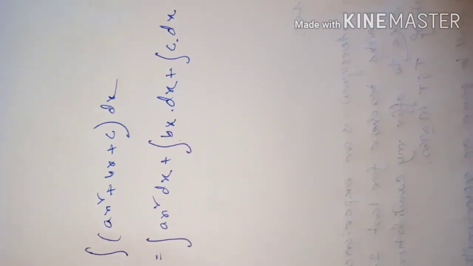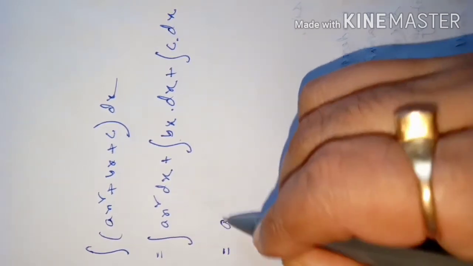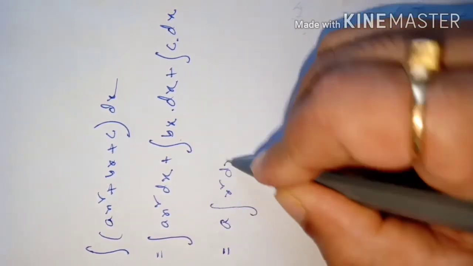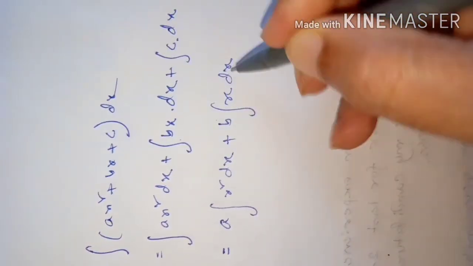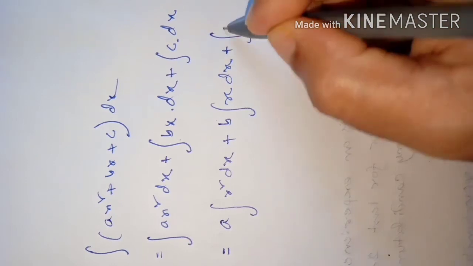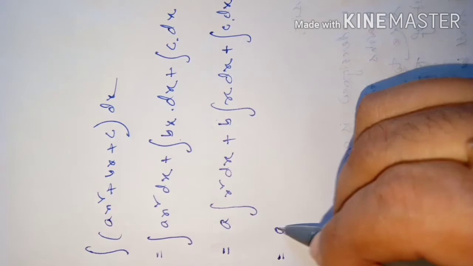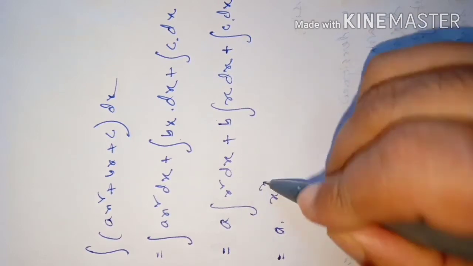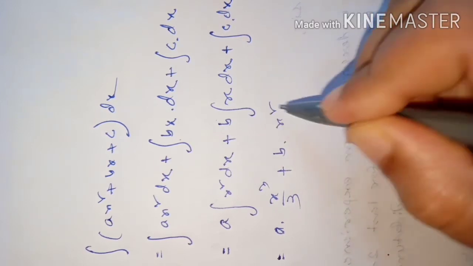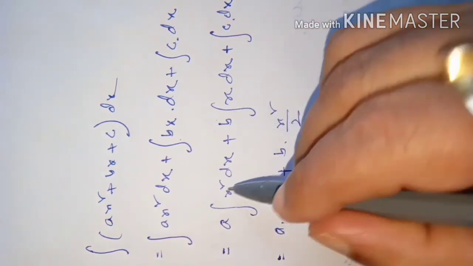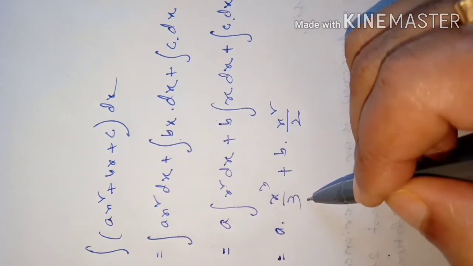Okay, dear students. So then it will be a times integral of x square dx plus b times integral of x dx plus integral of c dx. So a times x cube by 3 plus b times x square by 2, because as you know, you increase the power by 1 and divide by the new power.